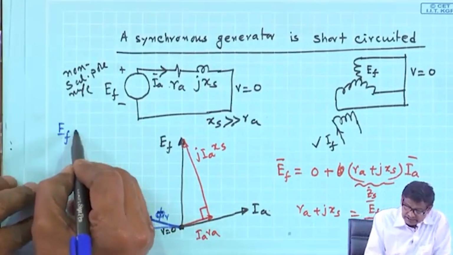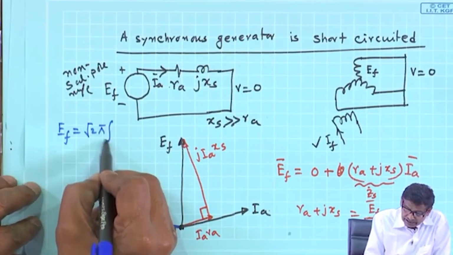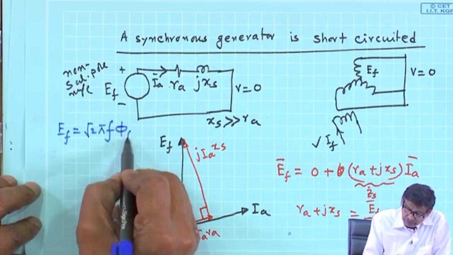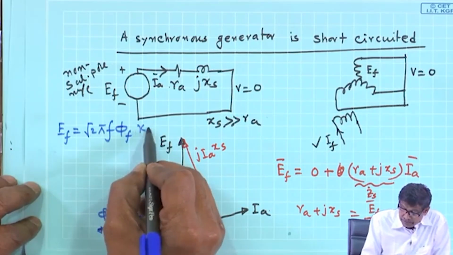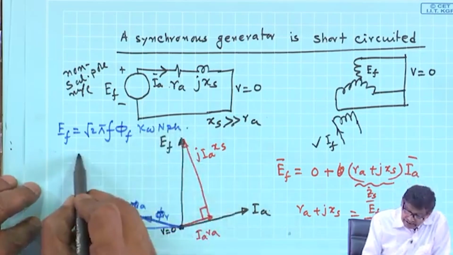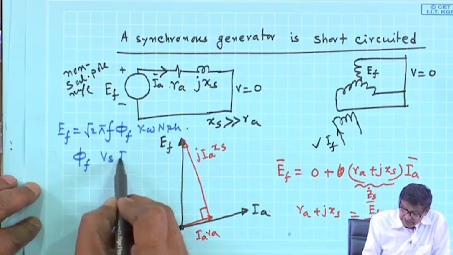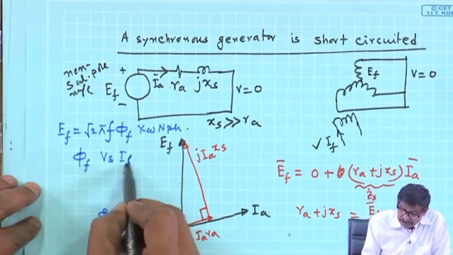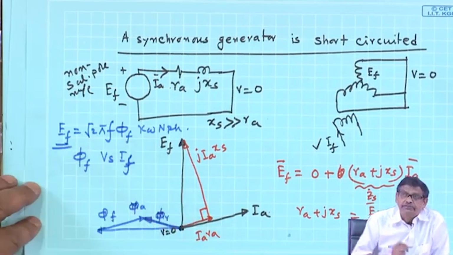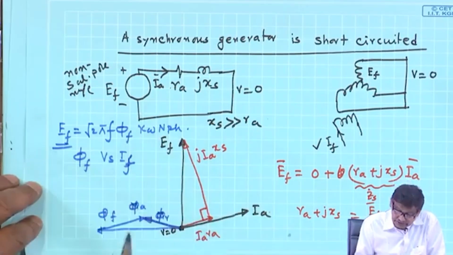Open circuit characteristics: EF, we know, is root 2 pi f flux per pole kW into n phase, you recall that, and whatever will be the nature of phi f versus IF, that will be the nature of EF. Speed is constant, f is constant.